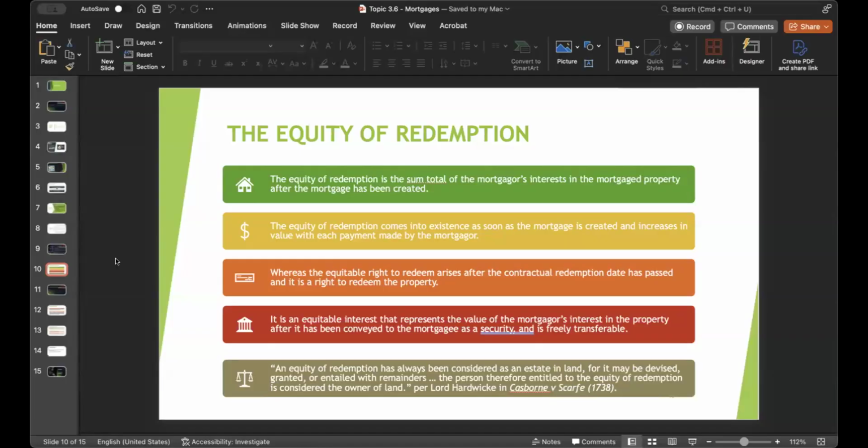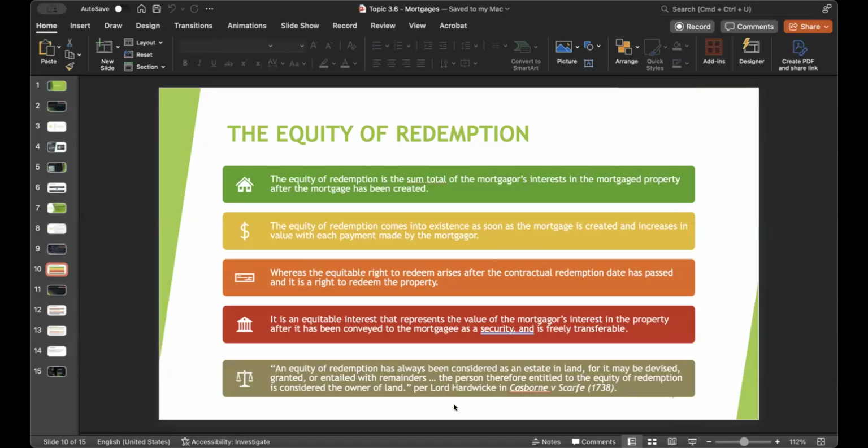Whereas the equitable right to redeem arises after the contractual redemption date has passed, and it is a right to redeem the property. It is an equitable interest that represents the value of the mortgagor's interest in the property after it has been conveyed to the mortgagee as a security and is freely transferable.